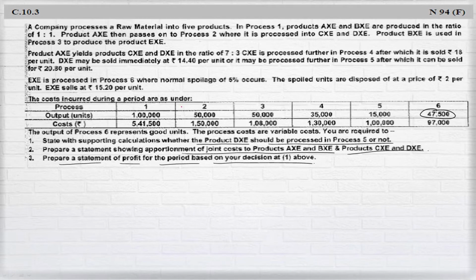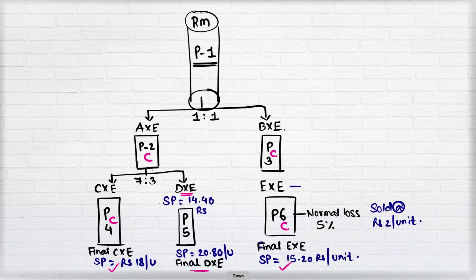The costs incurred during the period are as under. I am first talking about output. What is output of process 1? Output of process 1 is 1 lakh units. So how much should be manufactured of each product? 50,000 units as given. So what will be input in process 2? 50,000 units.